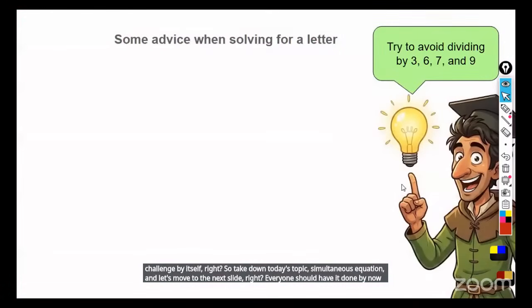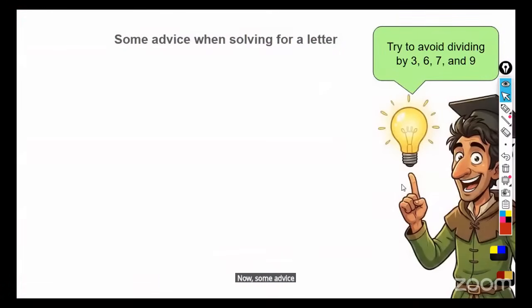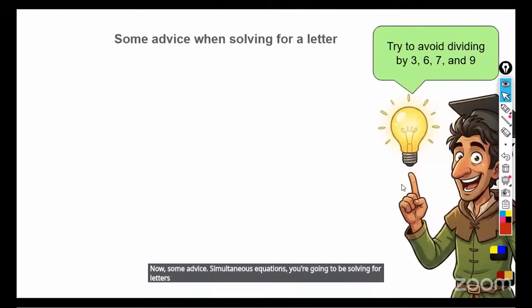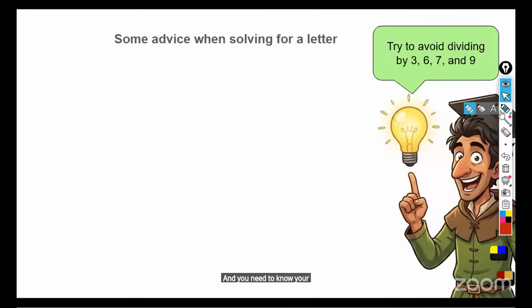Now, some advice. With simultaneous equations, you're going to be solving for letters. Most likely, it's going to be x and y, and you need to know your basic algebra skills. Let me give you a little sample question.